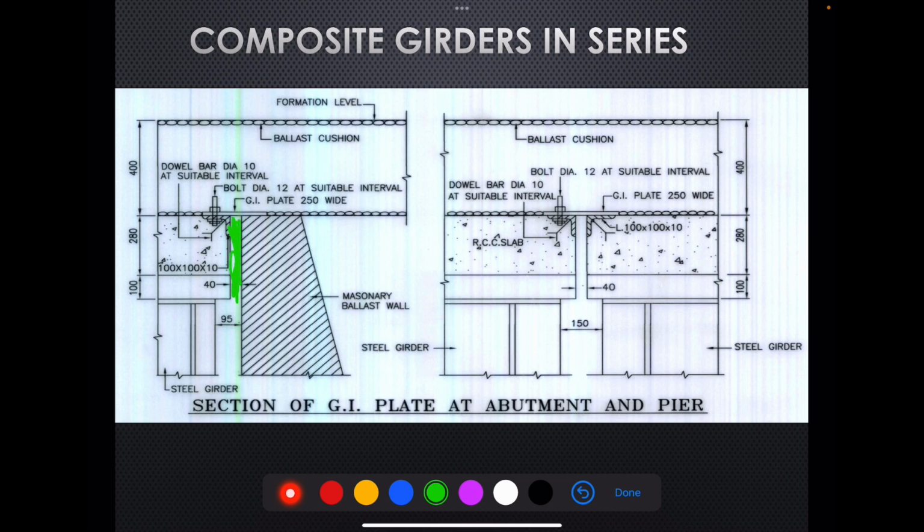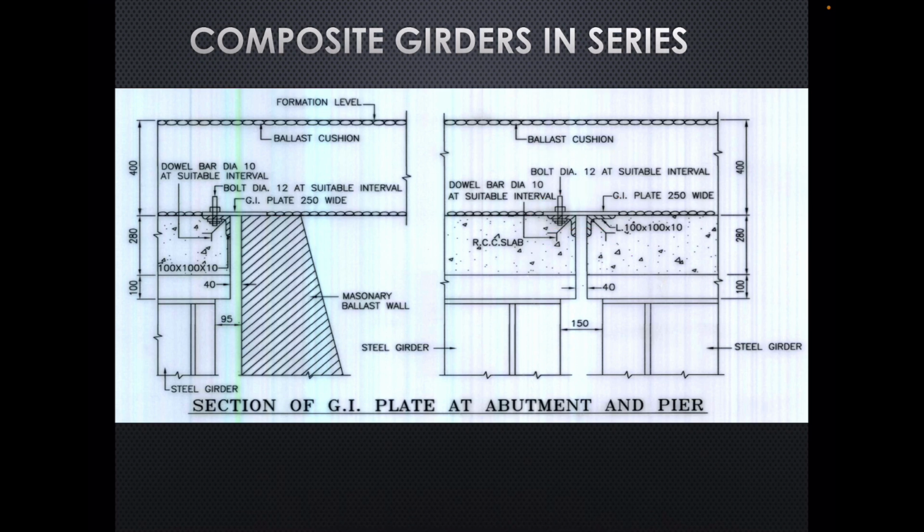So to prevent this falling of ballast, we have to provide a GI plate like this. When girder to girder transition is taking place, we have to provide a GI plate like this. So this prevents falling of stone ballast below.